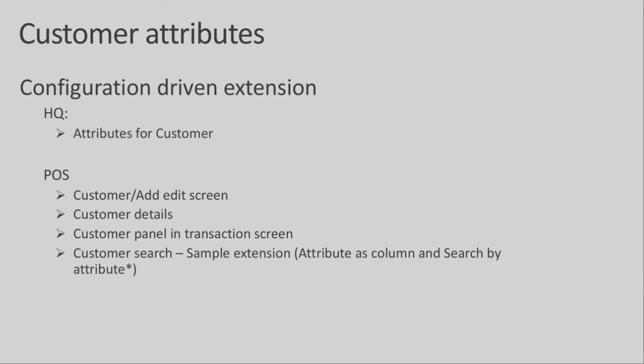Also we wrote some samples of how to use this attribute and show it as a column, but search we didn't do yet. Search can also be implemented, but if you want to search by attributes, we generally recommend going with the extension properties, because searching by attribute is a little more complex. So based on your scenario, you can choose either attributes or the standard extension fields.